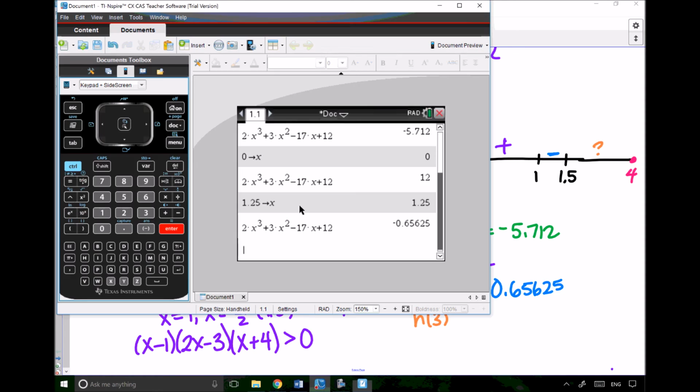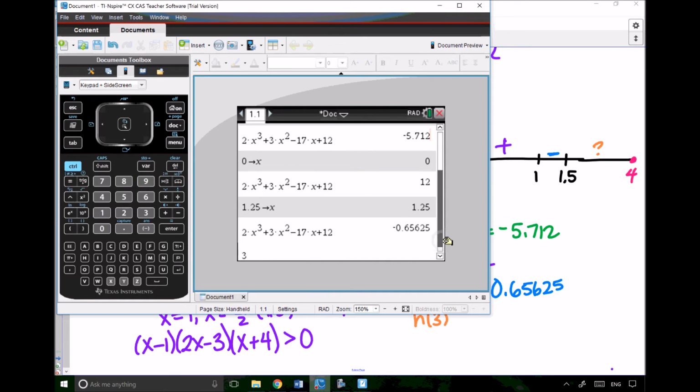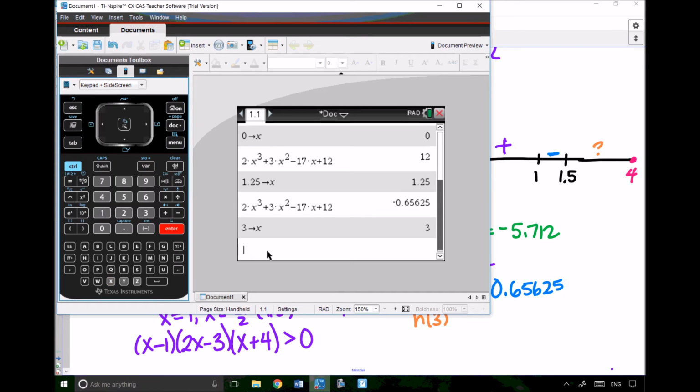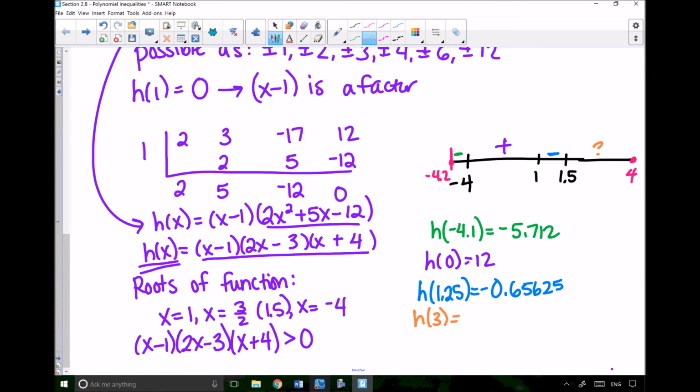So when I do h of 3, I'm going to take 3, store it in as x, press enter, go up, copy and paste, there we go, enter, enter one more time, we get 42, so we know that this right here is going to be positive, okay?